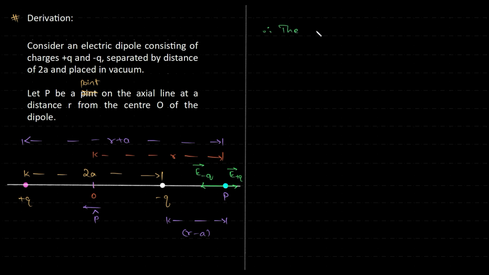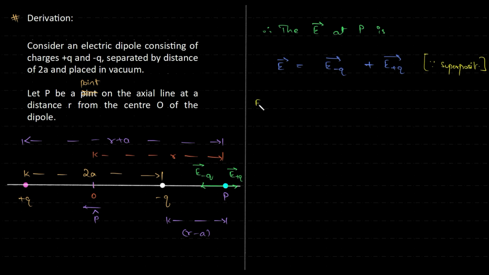Therefore, the net field at P is E minus Q minus E plus Q. Or let me just write it. It is a vector sum of these two. Agree? This is as per the superposition theorem.